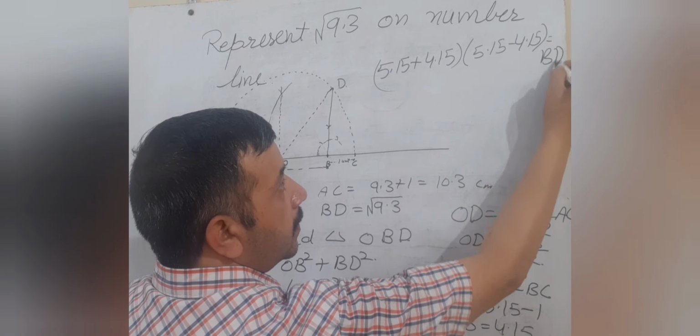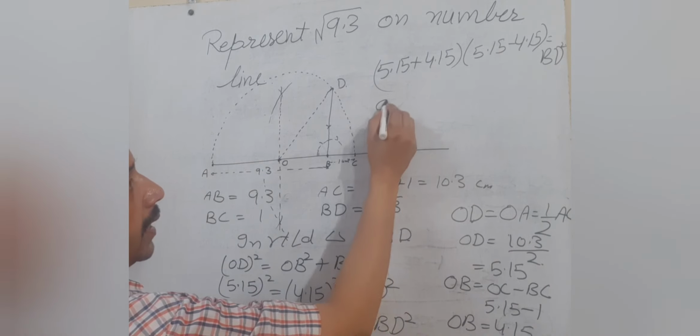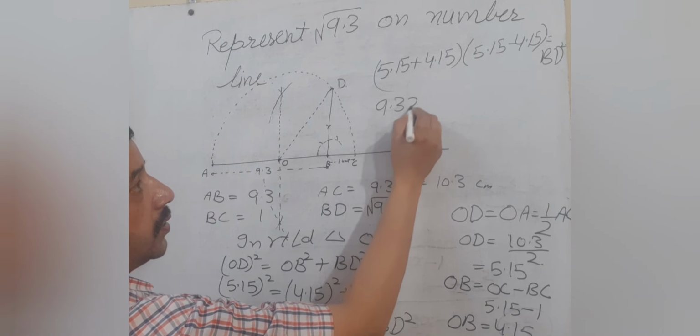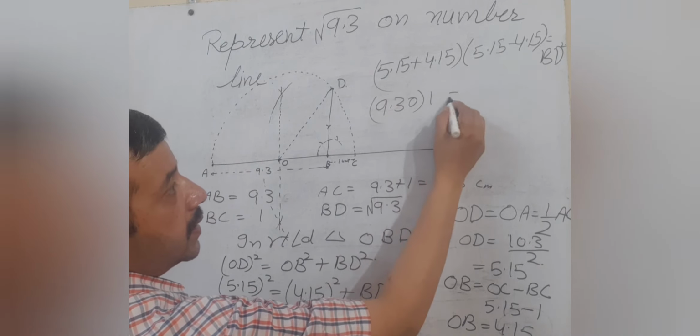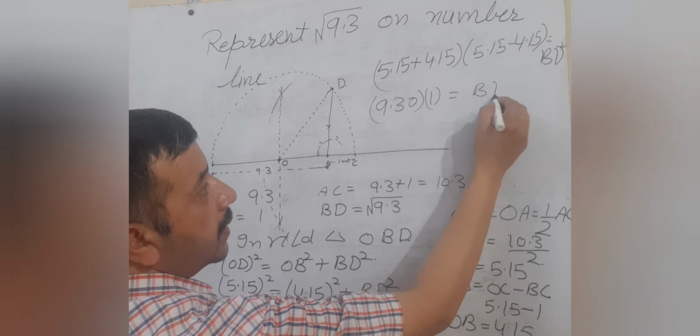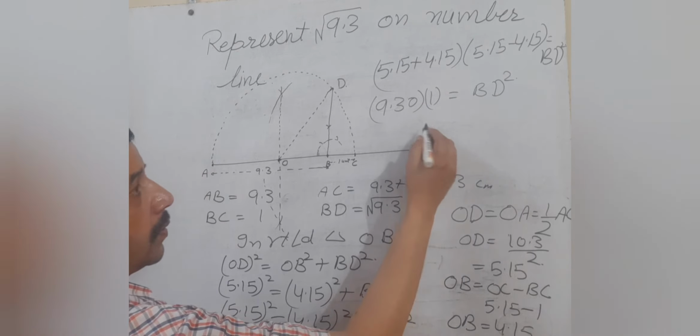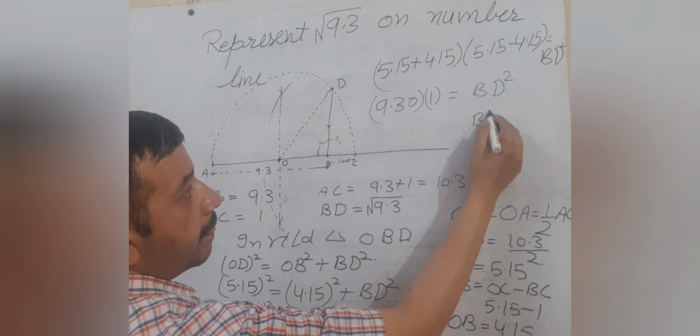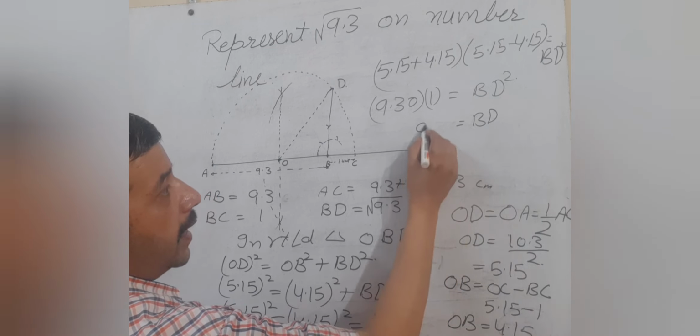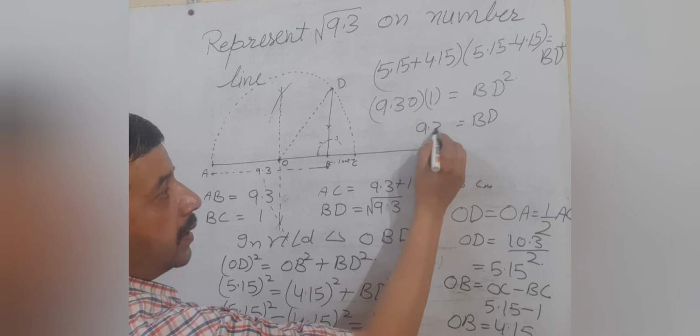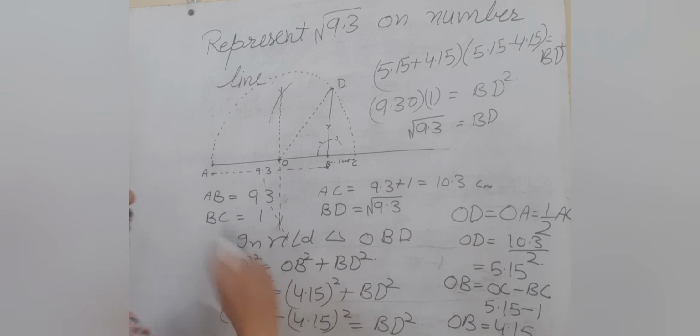Got it? Now 9.30 into 1 is equal to BD square. Now BD is equal to square root of 9.30, or square root of 9.3.